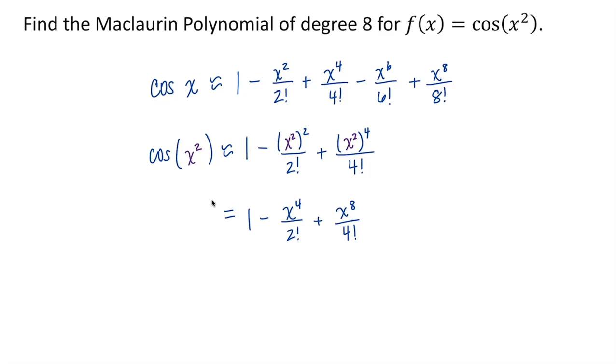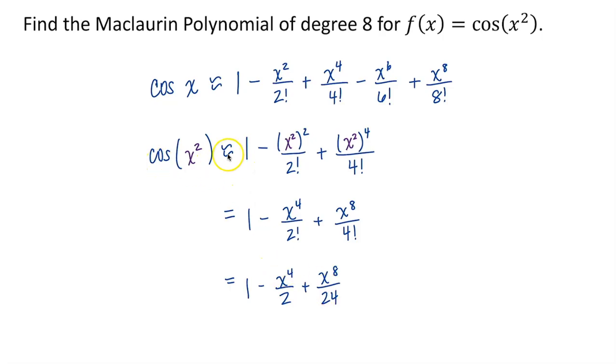And so here, if we want to, we can go ahead and simplify the factorials. So we have 1 minus x to the 4th over 2 plus x to the 8th over 4 factorial, which is 24. 4 times 3 times 2 times 1. So that's it. That was way easier than using the definition of building a Taylor polynomial and taking all of those derivatives. This is it.